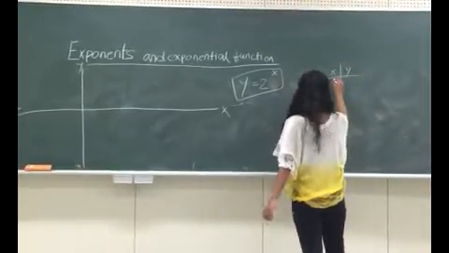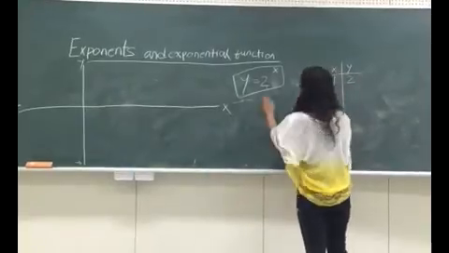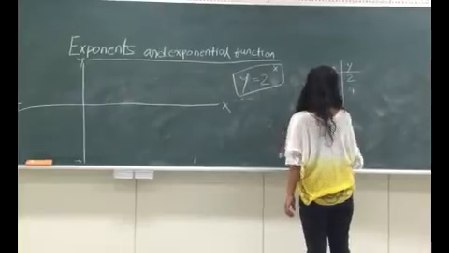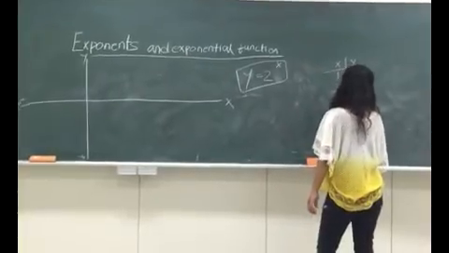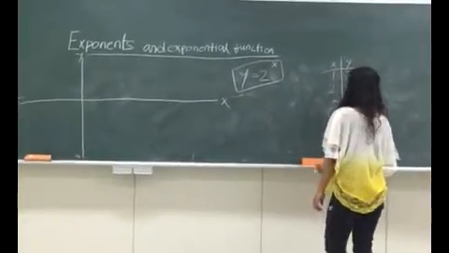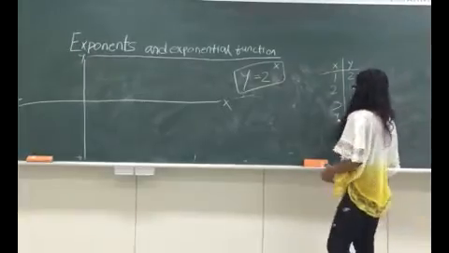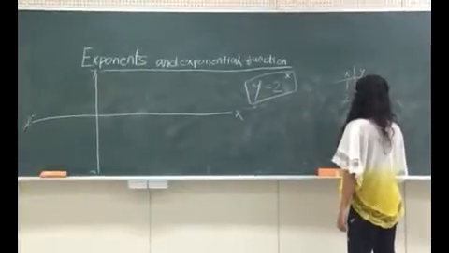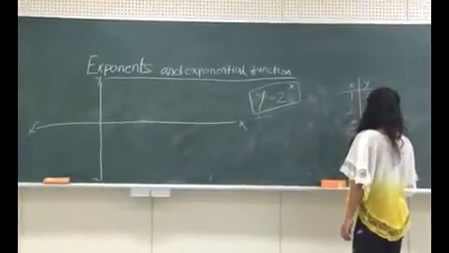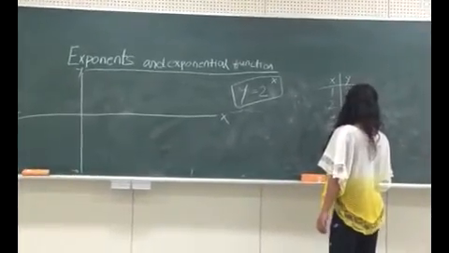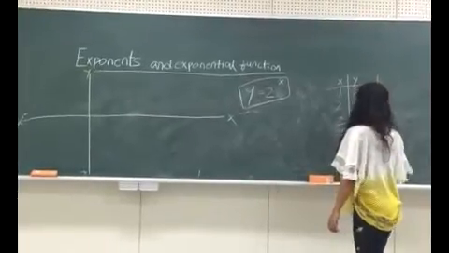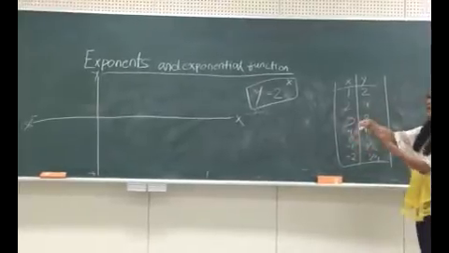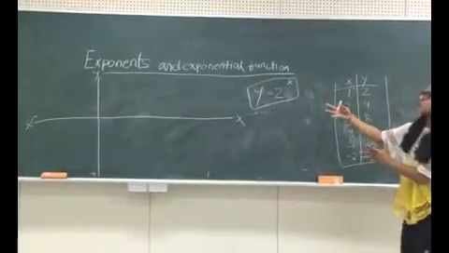If x becomes 1, y becomes 2, if x becomes 2, y becomes 4, if x becomes 3, y becomes 8, if x becomes 4, y becomes 16. So let's take some small numbers. If x becomes 0, y becomes 1. If x becomes minus 1, y becomes 1 by 2. If x becomes minus 2, 1 by 4. I think all these points are enough to give us the actual figure of our exponential function.